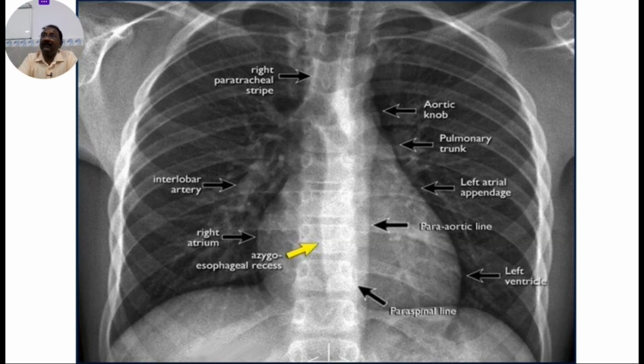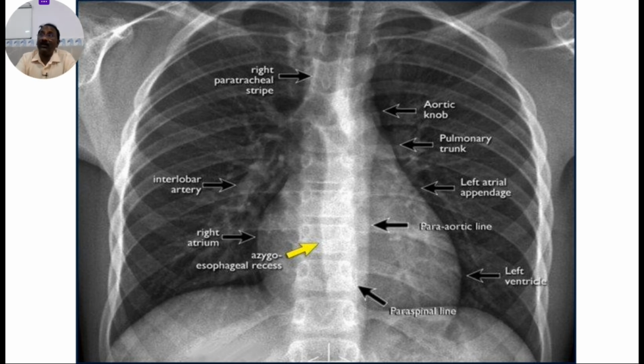Here, not only that, please concentrate on the right paratracheal strip. See the line: the trachea and the right paratracheal strip. Then the aortic knob, pulmonary trunk, left atrial appendage. Here it is concave.